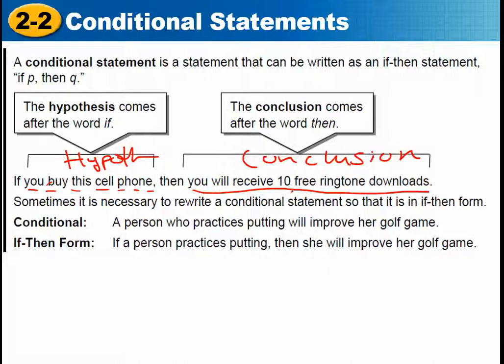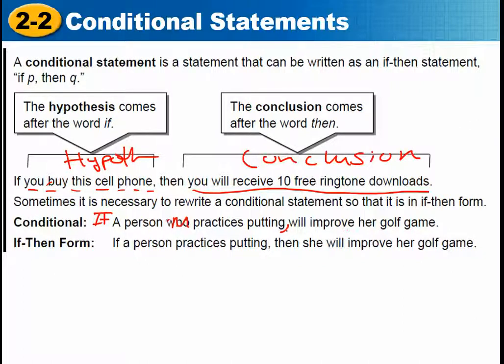Now, it's nice if they give it to you in if-then form, but sometimes they don't. Sometimes you have to rewrite it. If you had a sentence like this next one, a person who practices putting will improve her golf game. In that one, we have to write it a little bit differently so that it's an if-then. So what we wrote is, we just added the word if here, if a person practices putting, then she or he will improve her golf game.